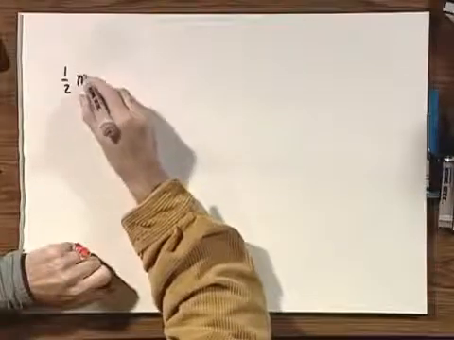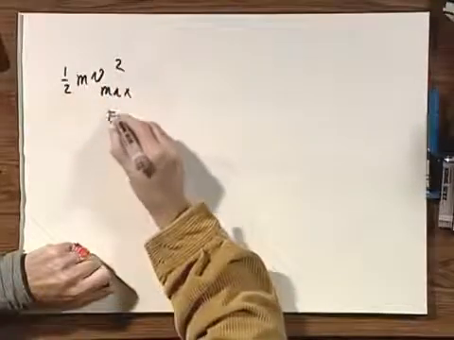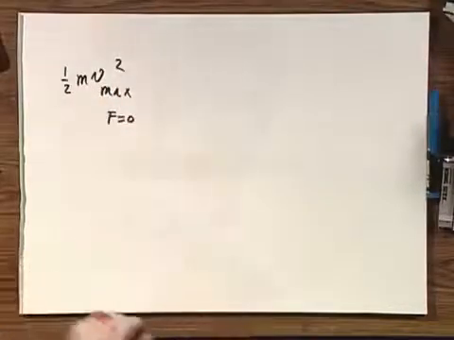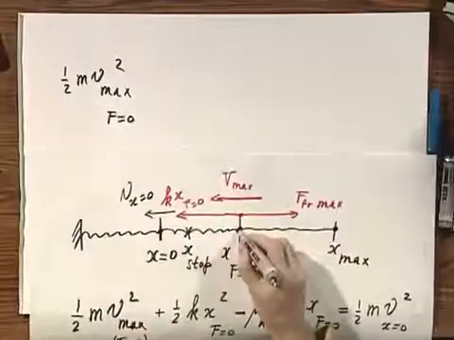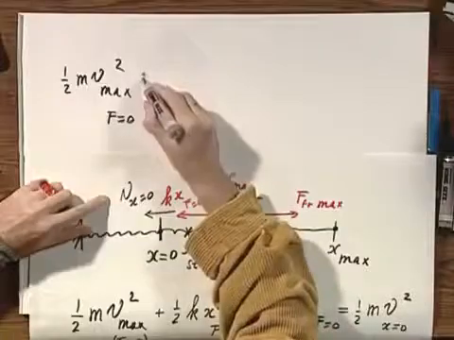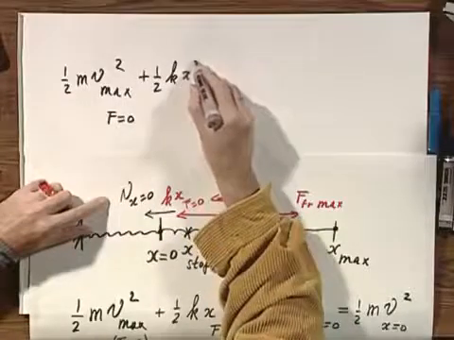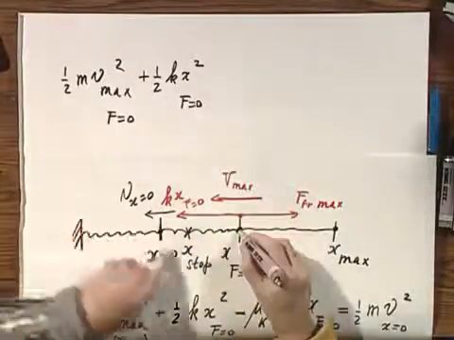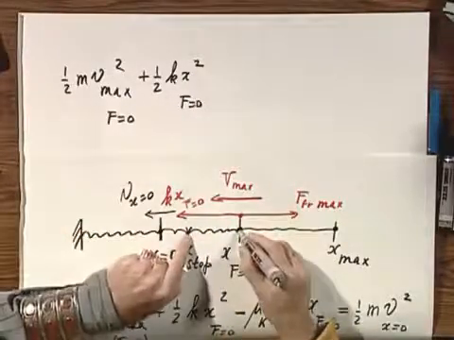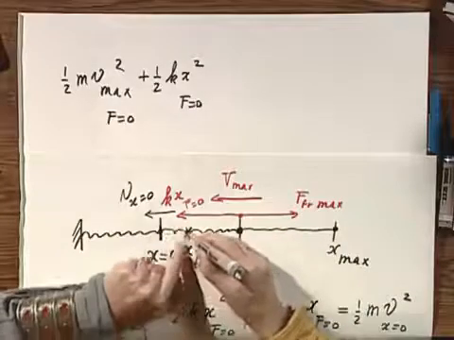1/2 m v maximum squared at x_f equals 0 was the kinetic energy when it was here. The potential energy, 1/2 k x squared at x_f equals 0, is the potential energy here. And when it comes to a halt here, there is still potential energy left because the spring is still stretched.